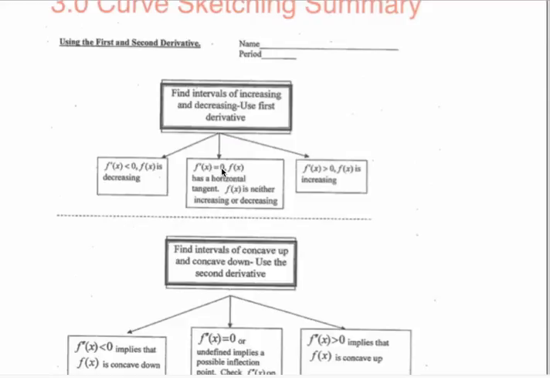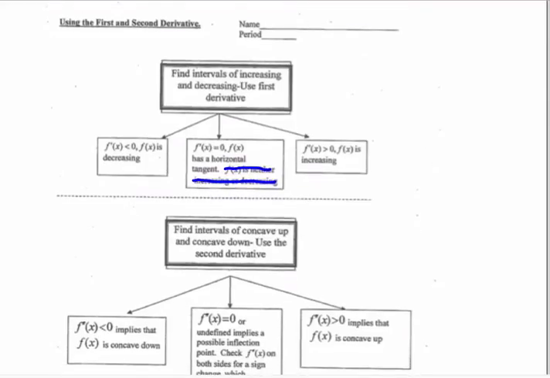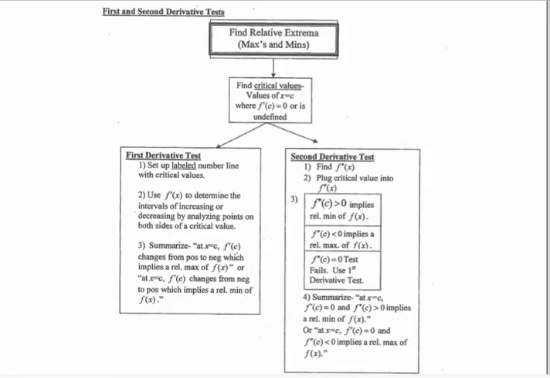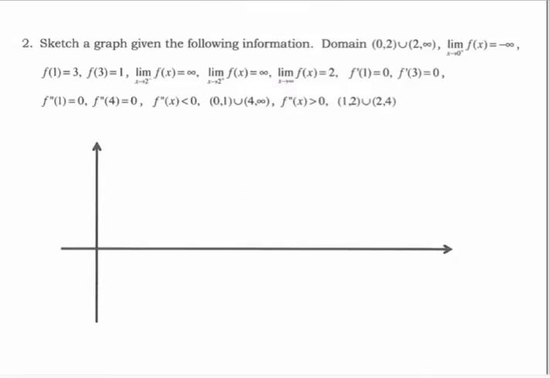Now, if it's equal to 0, there is a horizontal tangent, but you cannot determine if it's increasing or decreasing or neither. Could be any of these three cases, so please cross this out. That's not quite accurate. So that's the first derivative test, and here's the second derivative test. You can read those yourself.